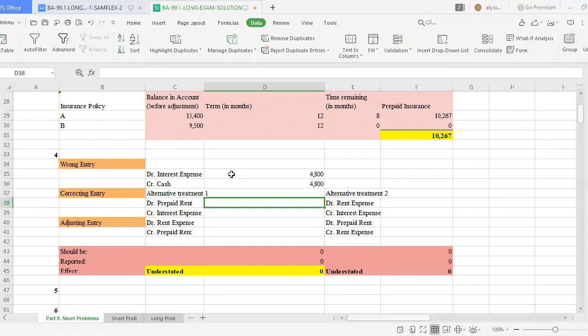So we have two alternative treatments for the correcting and adjusting entry. So first, we offset, so we do recognize interest expense by crediting it for 8. So this gets cancelled out. We have a prepaid expense of 4,800.